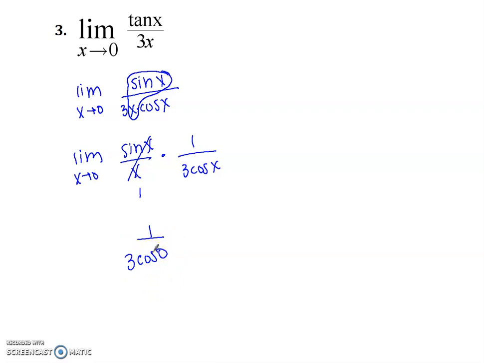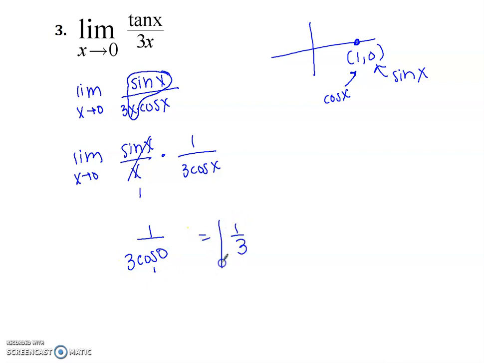You're going to do sine and cosine of 0 a lot. Remember, 0 is just the angle over here: the x value is cosine, the y value is sine. So cosine of 0 is 1, so that's 1 over 3 times 1, so 1/3.